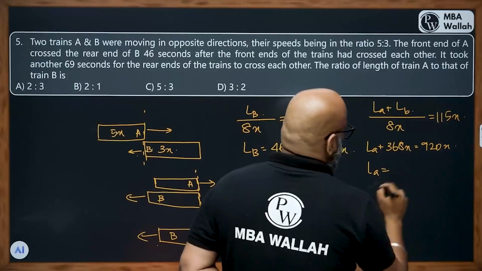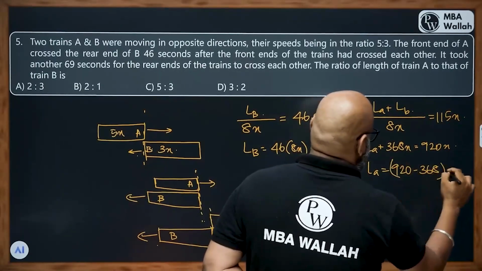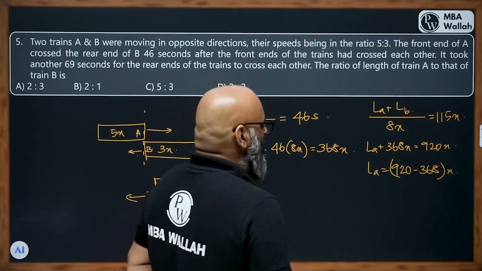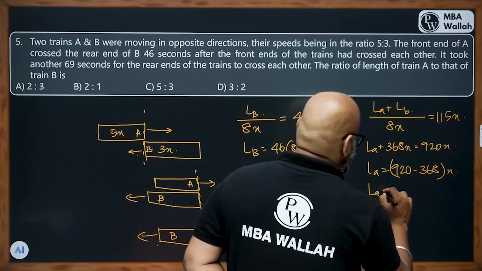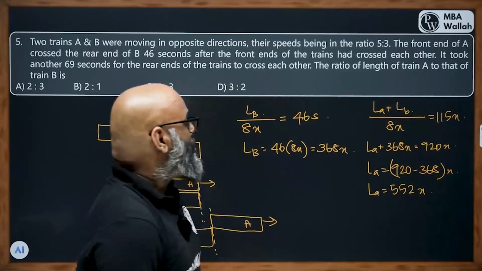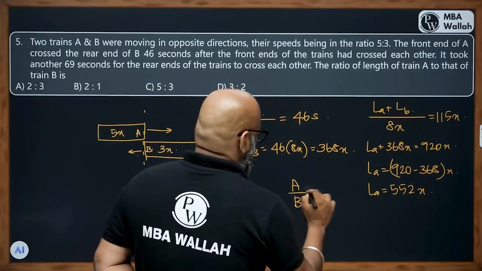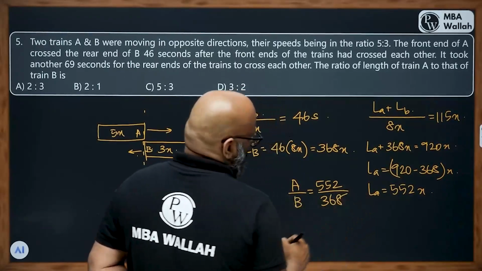Or LA is equal to 920 minus 368, into x. Length of A is equal to 552x. The question is the ratio of A to B. So A by B will be 552 by 368.